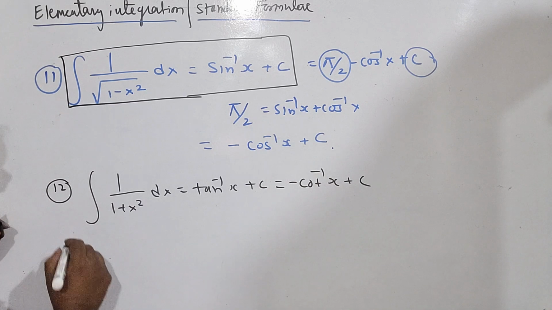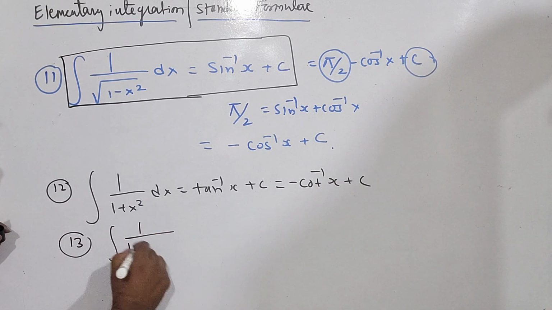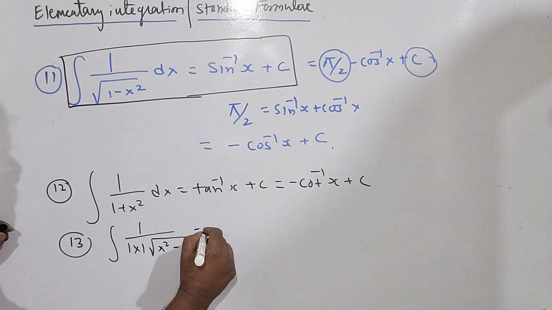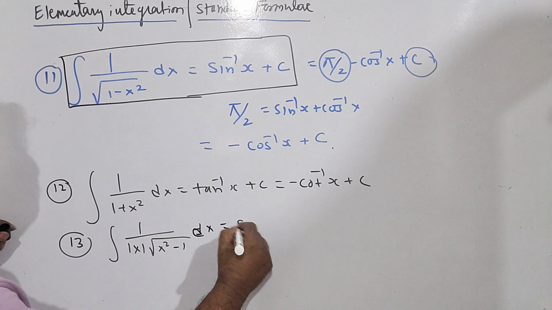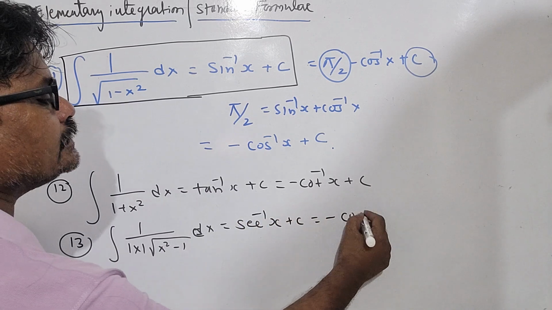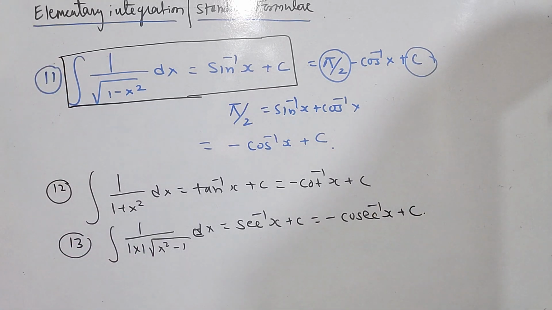Correct? And the 13th one, that is integration of 1 upon mod of x times square root of x square minus 1 dx. That is equal to sec inverse of x plus c, and that is equal to minus cosec inverse of x plus c. So these formulas are very much clear now, because we know the differentiation.